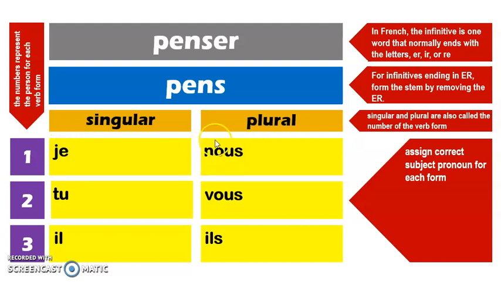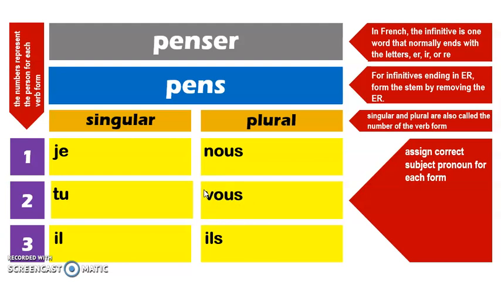First person plural, when you talk about yourself in a group, you use nous, which means we. Second person singular, the person you are talking to, if it is one person, you use tu, which means you. If you're talking to a group of people, you use the pronoun vous, which means you all, or you plural.